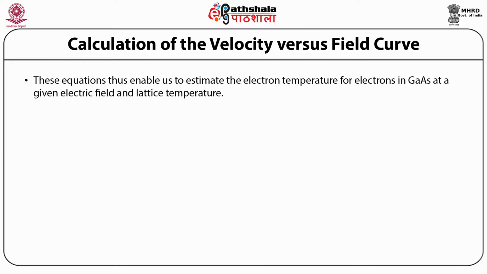So these equations thus enable us to estimate the electron temperature for electrons in gallium arsenide at a given electric field and lattice temperature. One feature to note over here is that the electron temperature initially increases with the square of the electric field in this model.